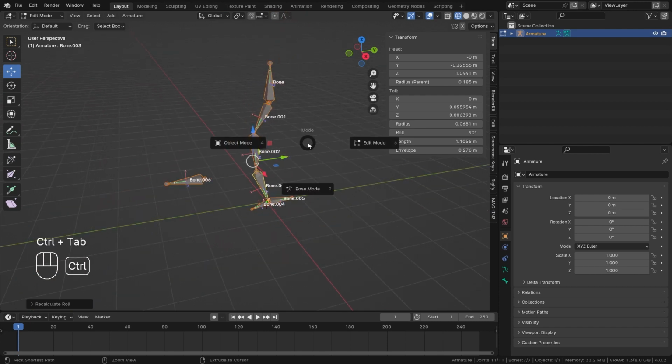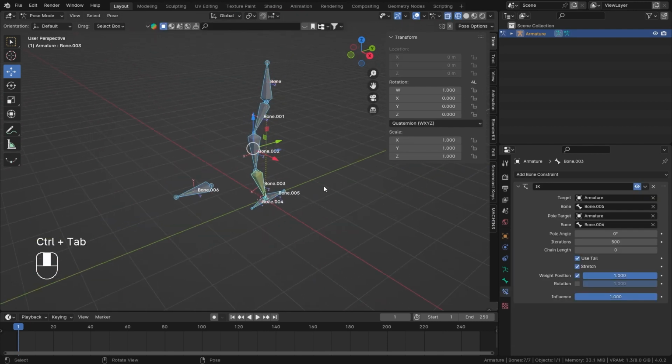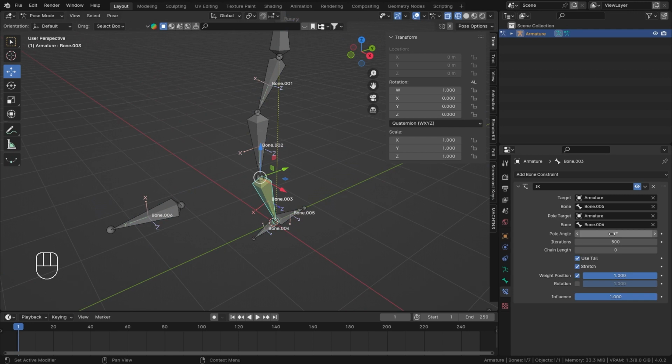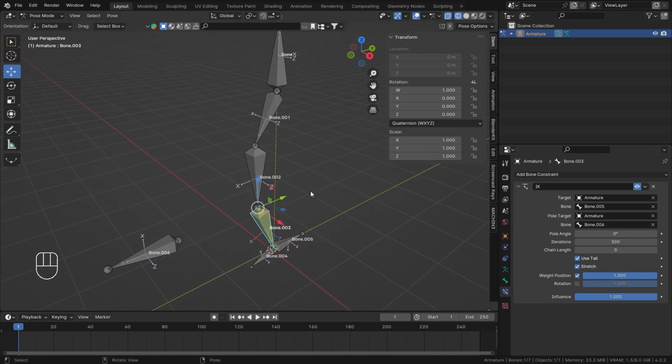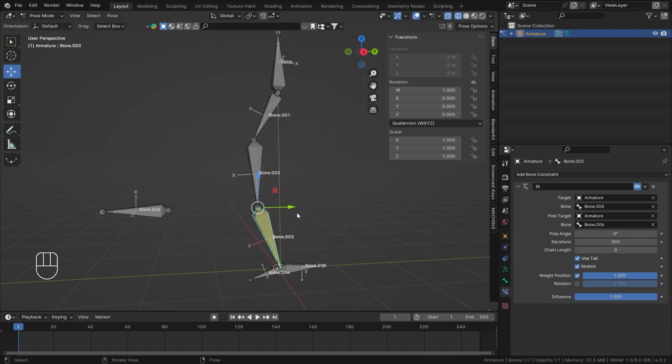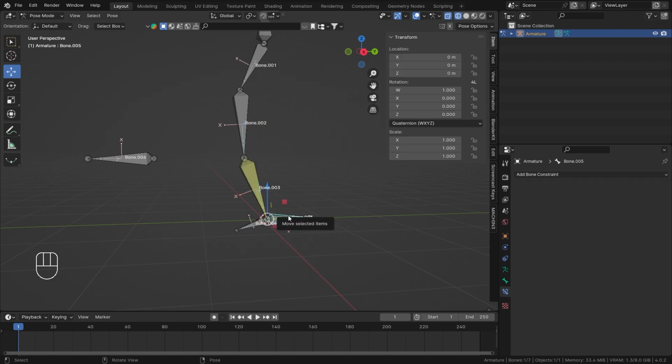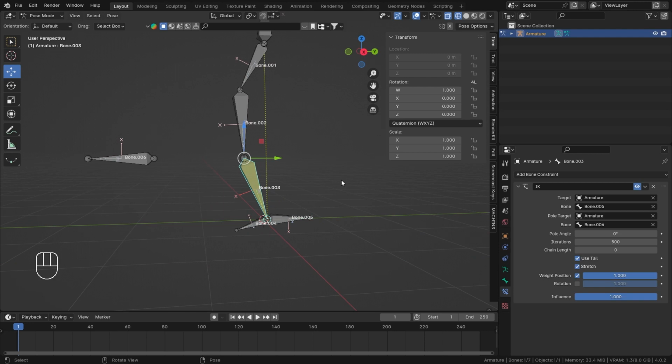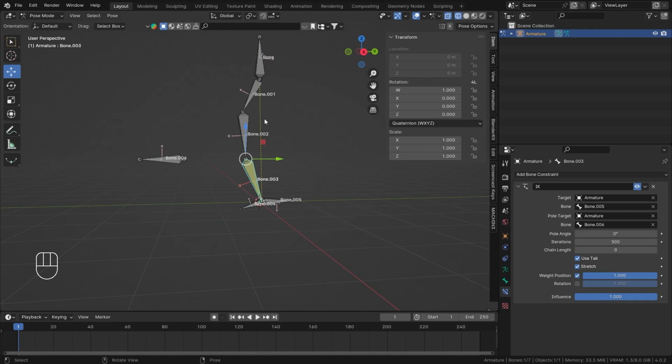Okay. Now if I go into the pose mode again, you'll see that without even touching the pole angle, I just fixed that issue. This might break your existing animation, so do be careful. If your character or model has existing animation and it uses inverse kinematics, it is better to just use the pole angle to fix any orientation issues if you have.